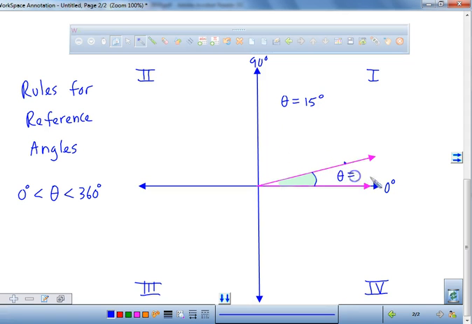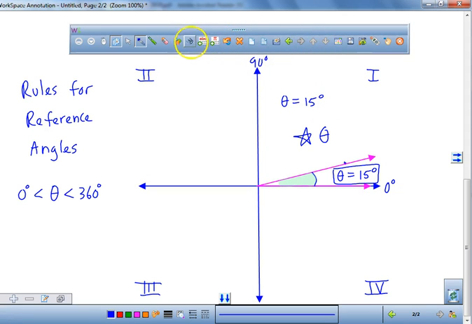If theta is equal to 15 degrees, your reference angle is equal to 15 degrees. In the first quadrant, whatever your angle is, that's your reference angle, and you're done. That's the rule: if you start with theta, your answer is theta in the first quadrant. Now we're going to go to quadrant number 2.